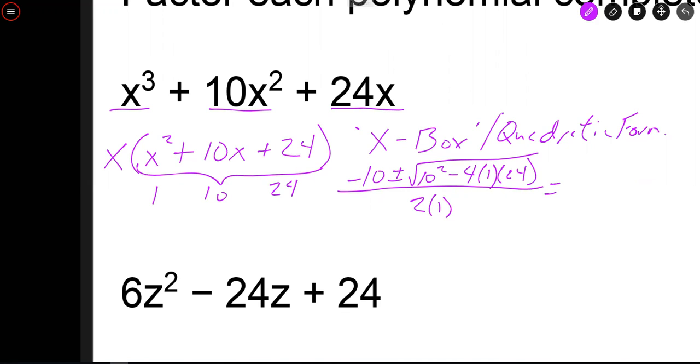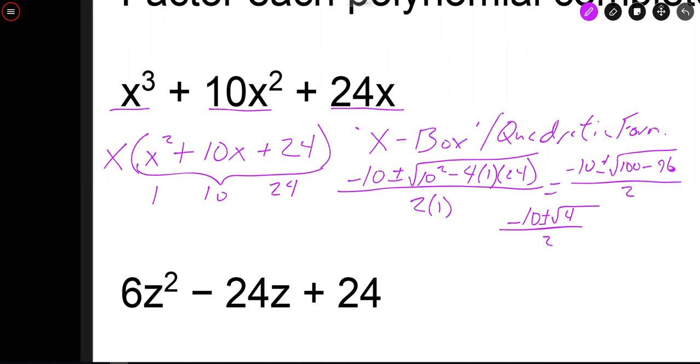I'll work this through. It's going to be negative 10 plus or minus the square root of, well, 10 squared is 100, 4 times 1 times 24 is 96. So 100 minus 96, over 2. I'm going to go down a level and rewrite this one more time. It's going to be negative 10 plus or minus the square root of 4, over 2.